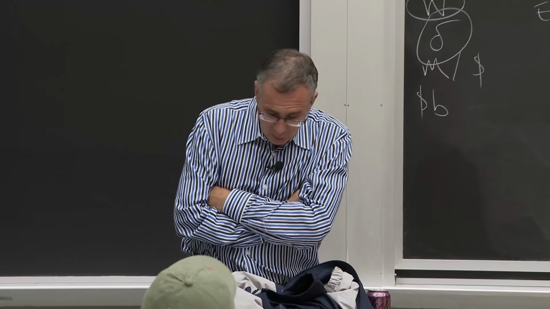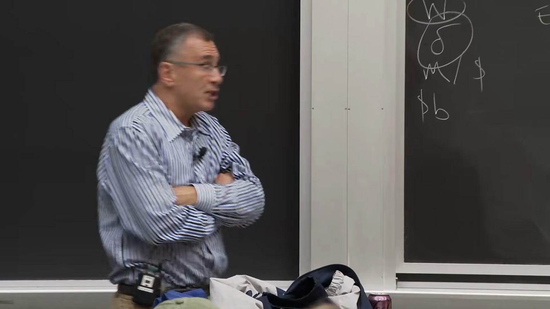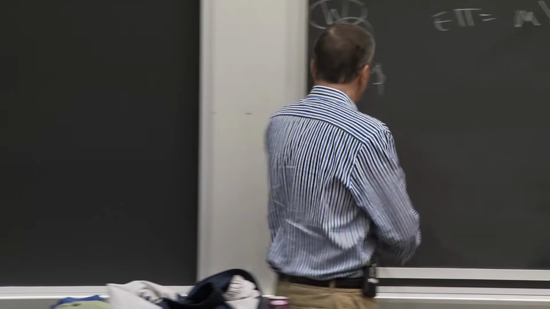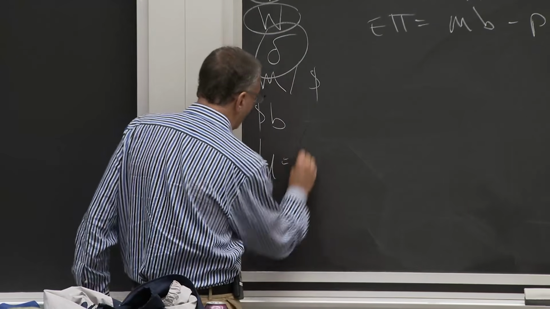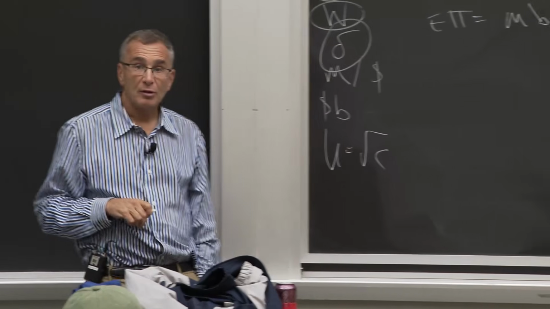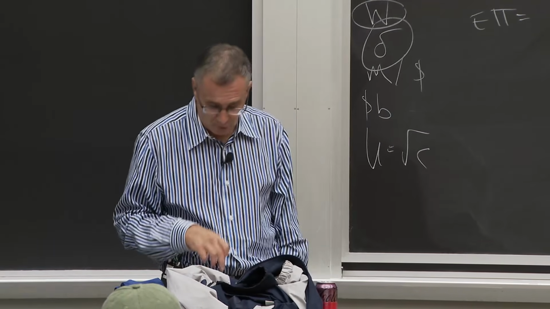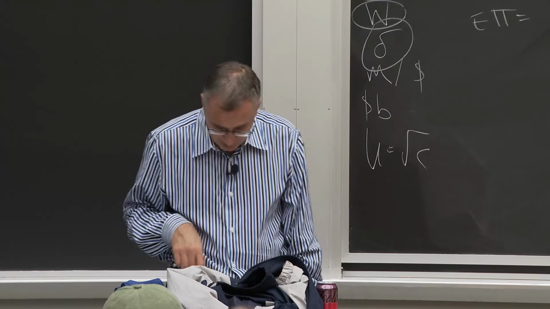Now, with that in mind, let's take a typical assumption. You assume utility equals square root of C, which is our typical risk-averse, diminishing marginal utility function. And let's plug in and write this down.